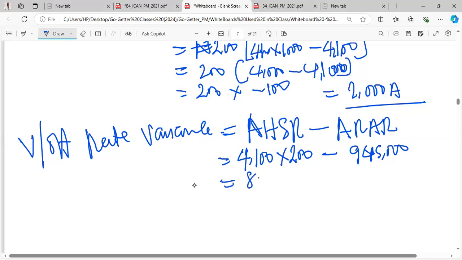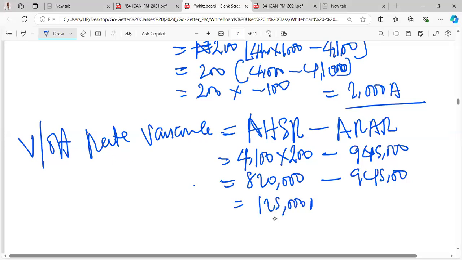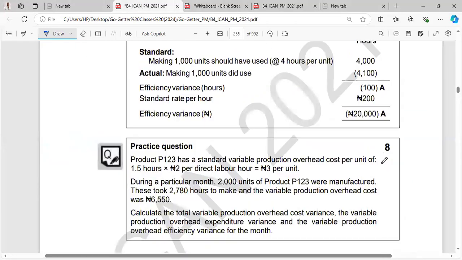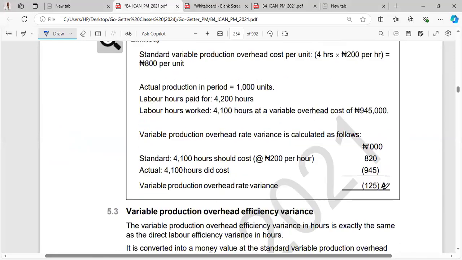So 820 minus 945 gives me 125, 125,000 adverse. Is that what they got here? Yeah, 125 adverse. That's fine.